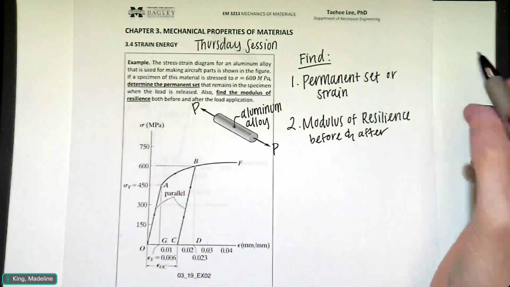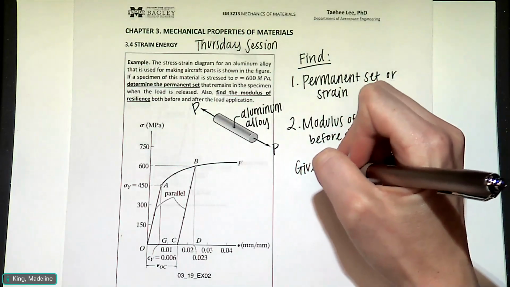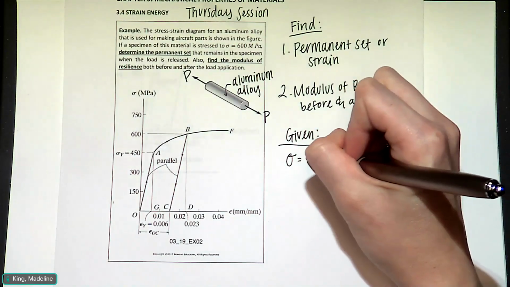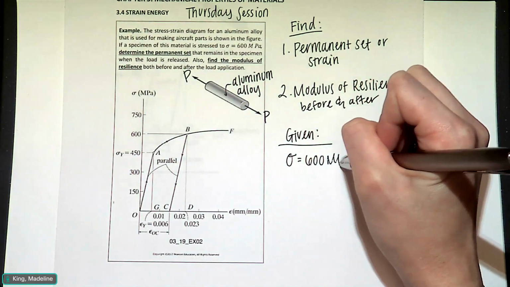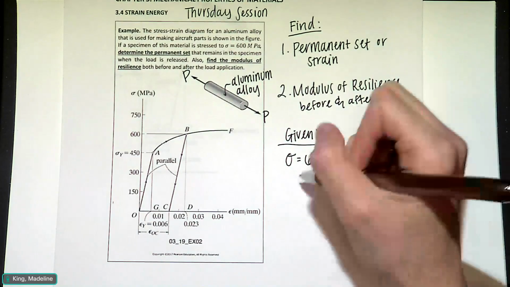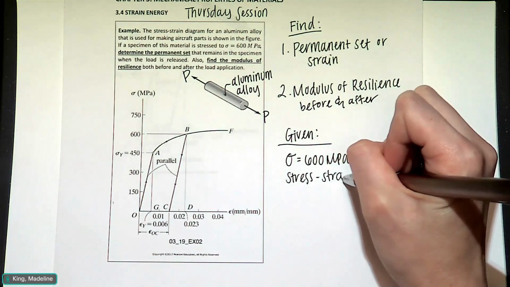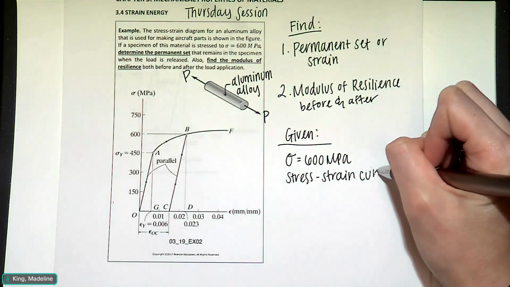Okay. And we were given in our problem statement, sigma is equal to 600 megapascals. And we were given a stress strain curve graph.